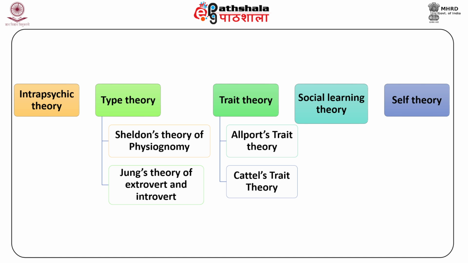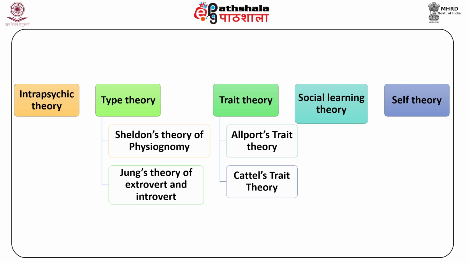This creates values and morals within an individual. Hence, the human personality is a mix of id, ego and superego. The predominance of a particular state explains the personality characteristics of an individual, leading to an understanding of his or her behavioral pattern of life.